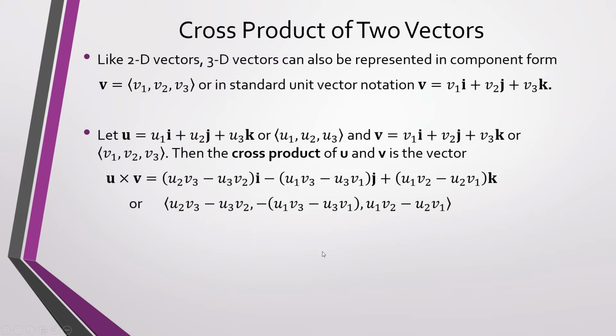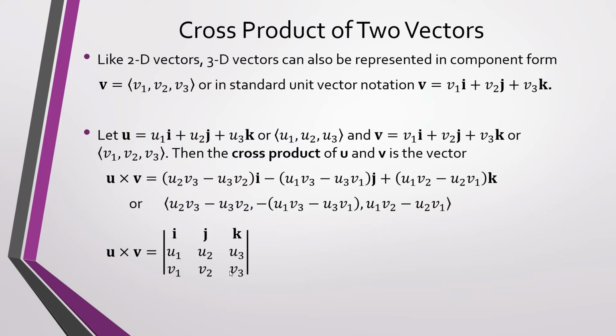Now, before you go trying to memorize this formula, let's take a look at where it comes from. It relates a little bit back to determinants of a matrix. If we take the x, y, and z components of our two vectors, and we write i, j, and k above them, then to get the number that's going to go in front of the i, or your x component, we ignore the x column and then find the determinant of the numbers in the two remaining columns.